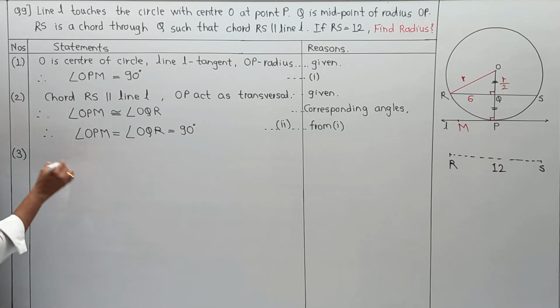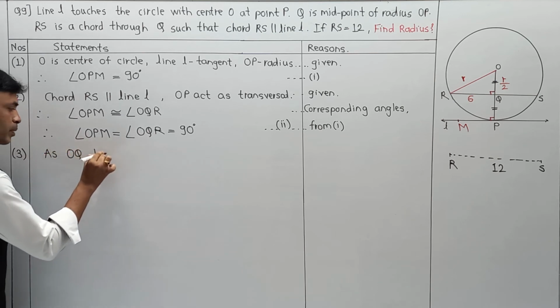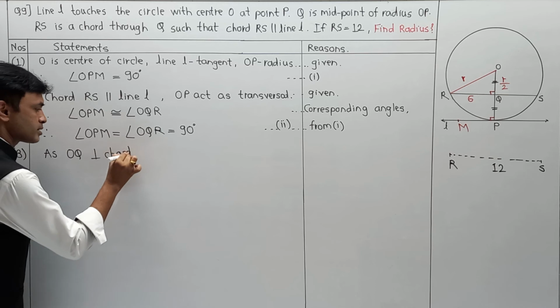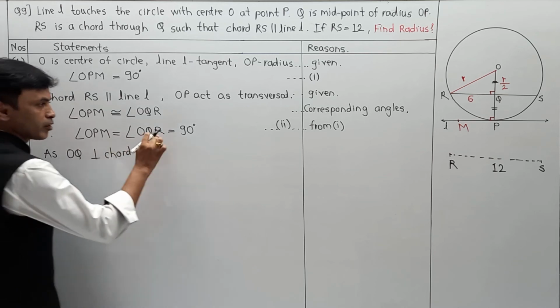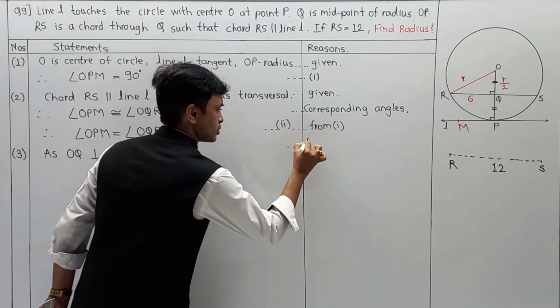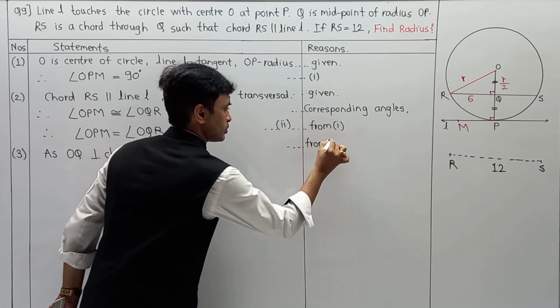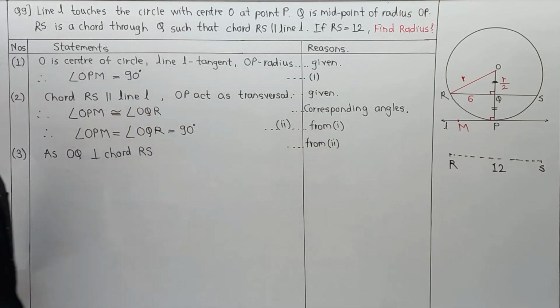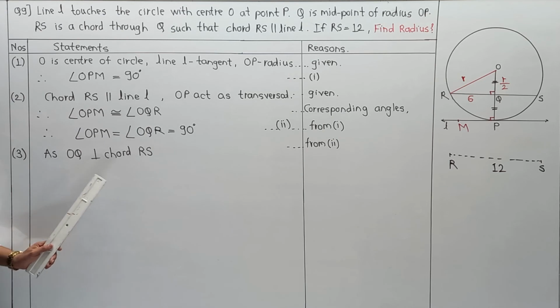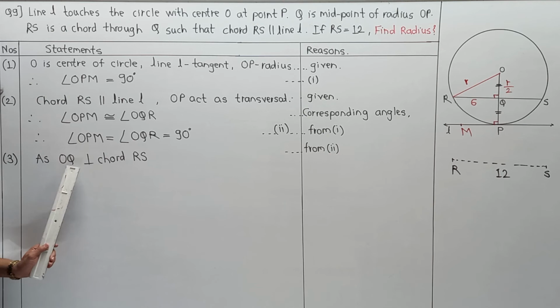OQ is perpendicular to chord RS, as we can have from 2. So from 2, naturally the perpendicular from the center of a circle to the chord bisects the chord. So I'm going to write, OQ perpendicular to chord RS.